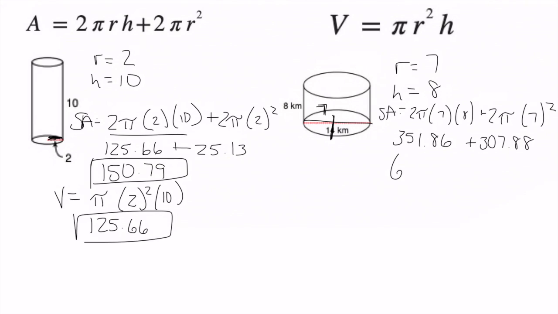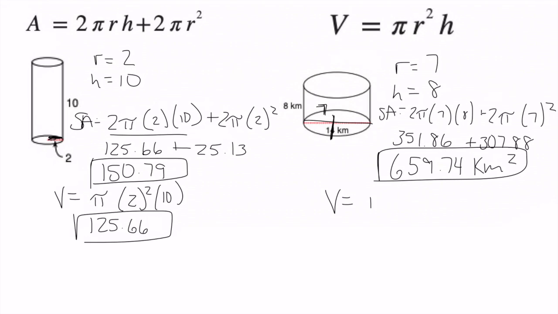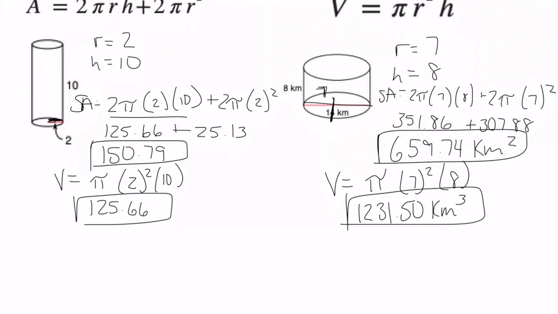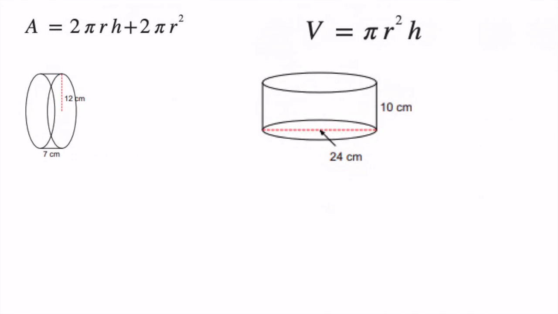Altogether, that would give you a surface area of 659.74 kilometers squared. For volume, we should have pi times our radius of 7 squared times our height of 8, which would give you 1,231.50 kilometers cubed.